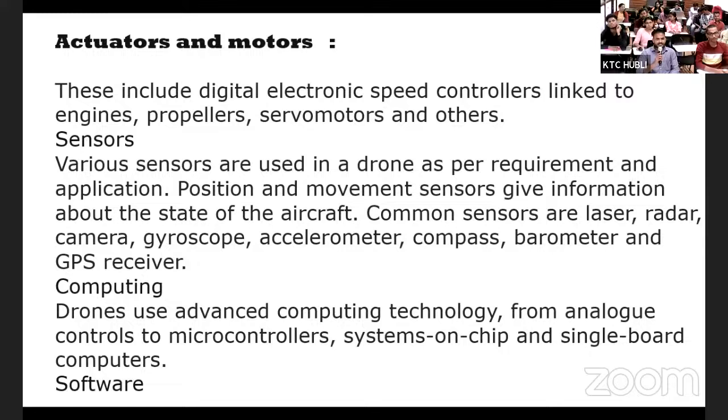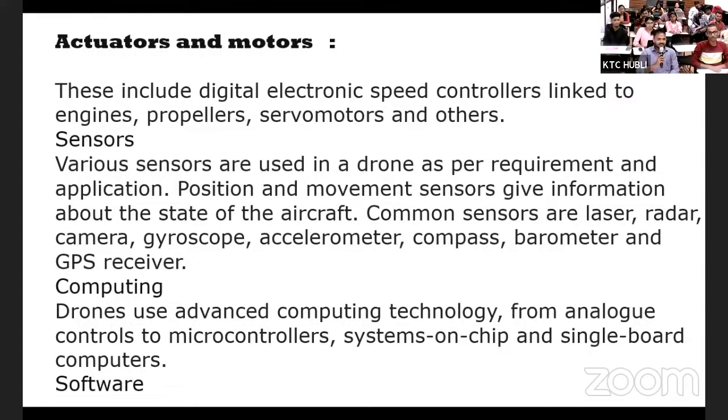Position and movement sensors give information about the state of the aircraft. Common sensors are laser, radar, camera, gyroscope, accelerometer, compass, barometer, and GPS receiver. And computing: drones use advanced computing technology, from analog control to microcontroller systems, chips, and single board computers and software.